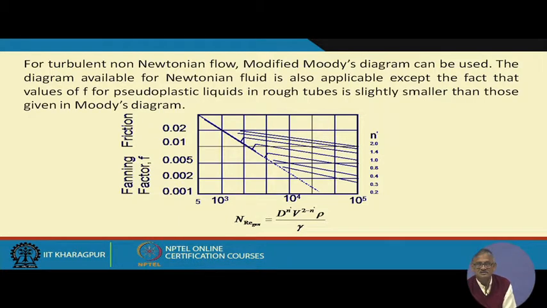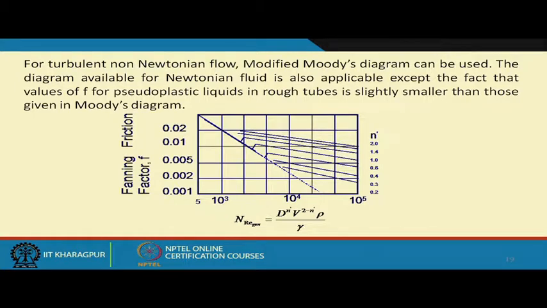That slight difference definitely has an impact, but not so high for engineering purposes that your prediction will be upside down.